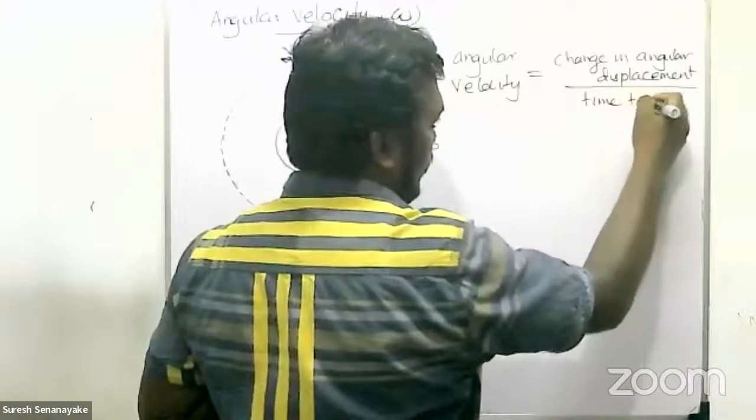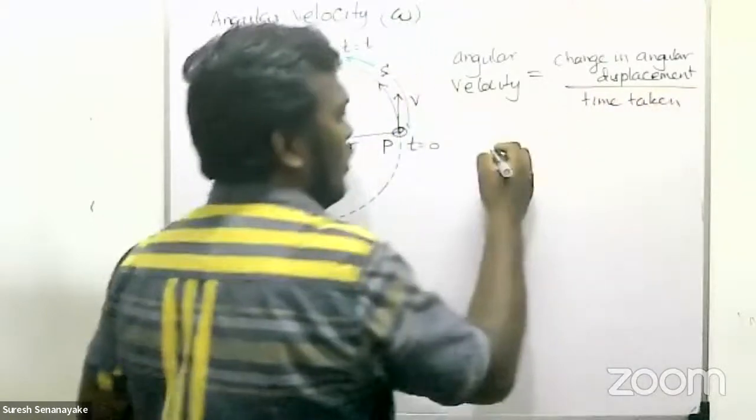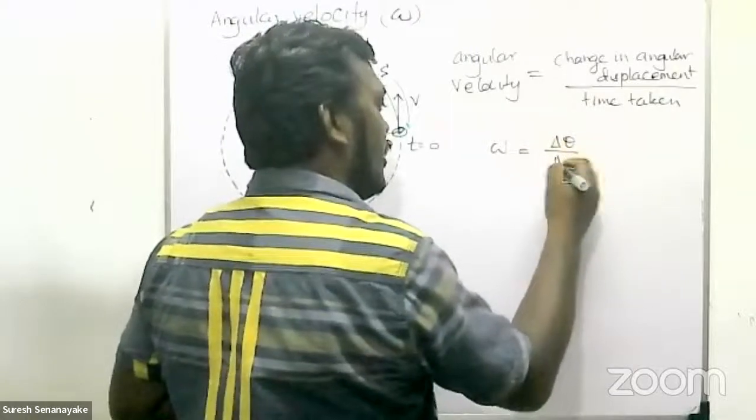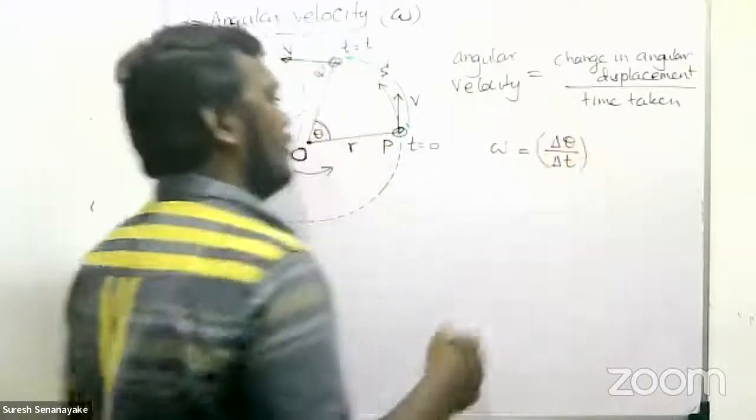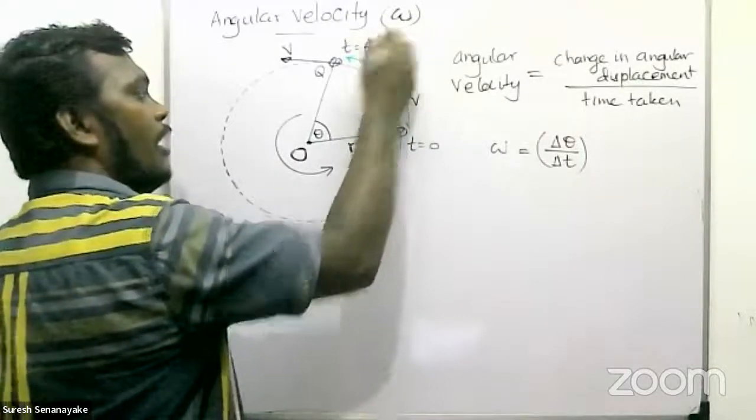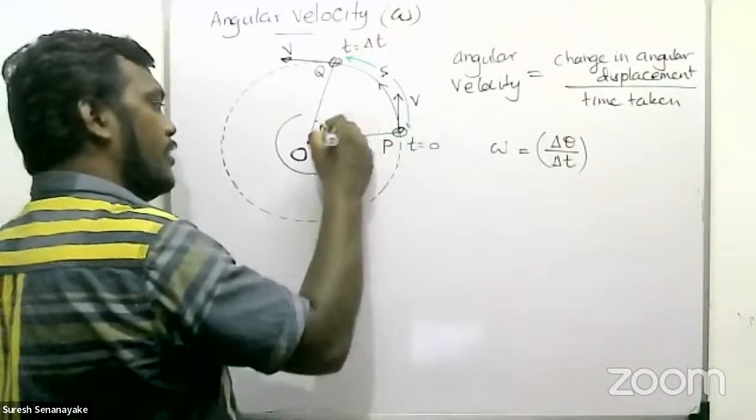So you can write omega equals delta theta divided by delta t. Let's say the angular displacement is delta theta.